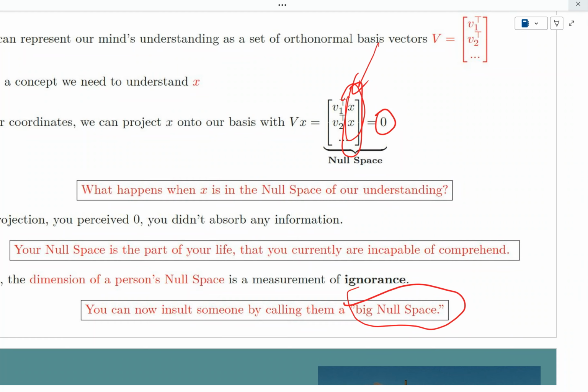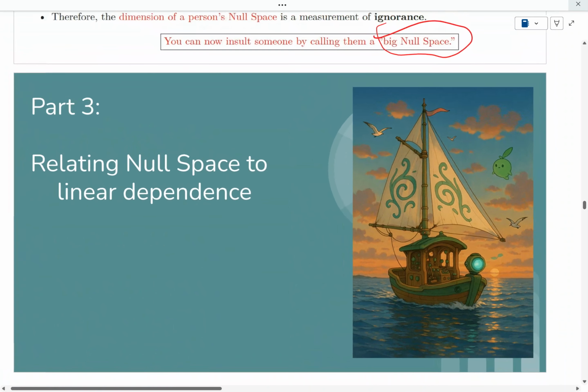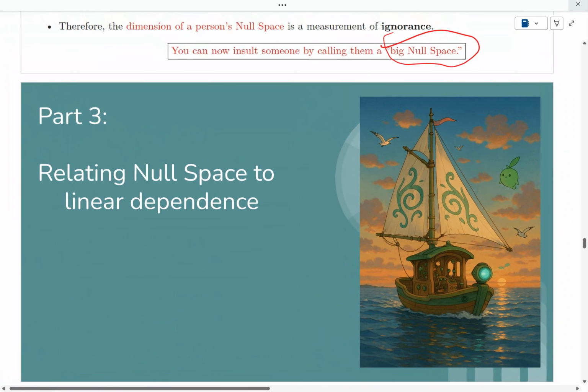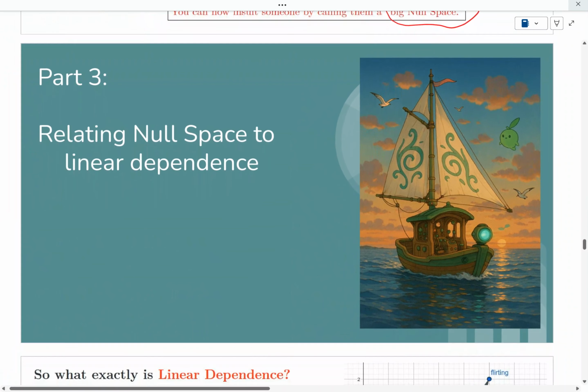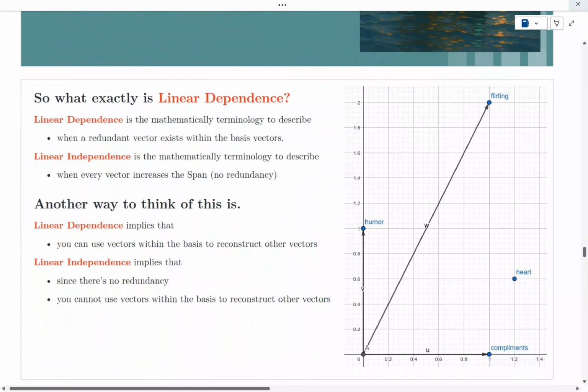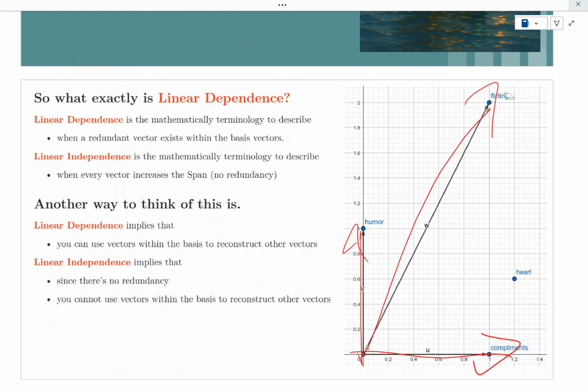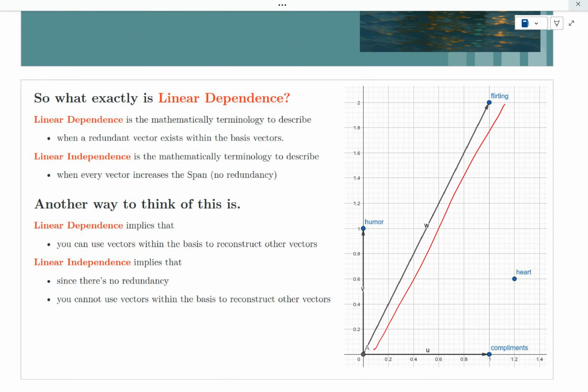All right. So, anyways, now let's relate null space also to linear dependence. We previously were saying how, if you have multiple vectors, they could be dependent on each other. When they're dependent on each other, this essentially means that you can use a set of them to construct the rest of them.